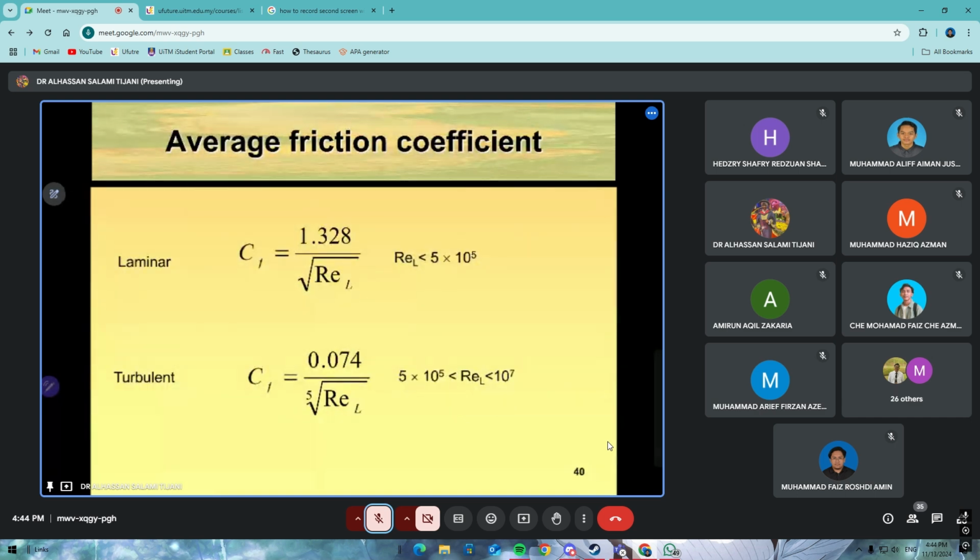For a laminar flow across a flat plate where the Reynolds number is less than the critical Reynolds number, the appropriate equation for the skin friction coefficient is given by this. Similarly, for a turbulent flow, the skin friction coefficient is given by this equation. We can see here that the Reynolds number is greater than the critical Reynolds number, but less than 10 raised to the power of 7.